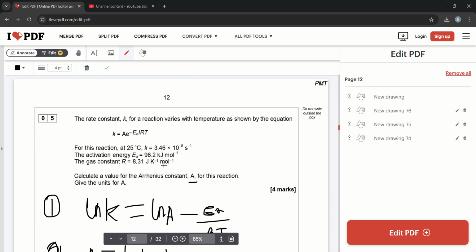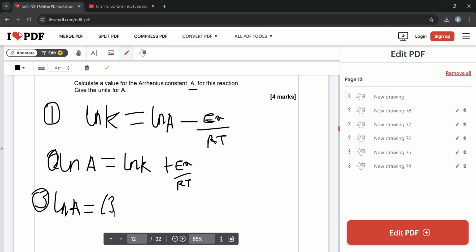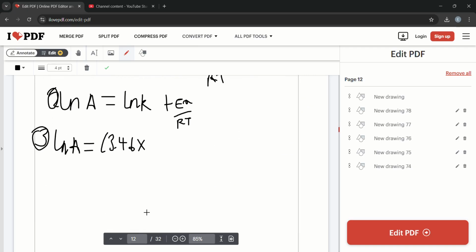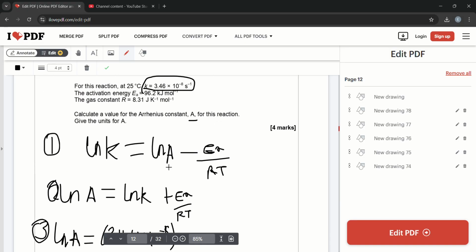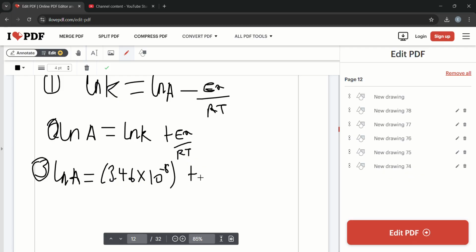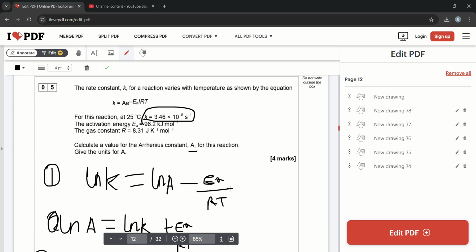ln k, well, k is 3.46 times 10 to the power minus 8, units s to the power minus 1, plus EA, which is activation energy. Activation energy in this case is given in kilojoules. However, look at this, the gas constant is given in joules.